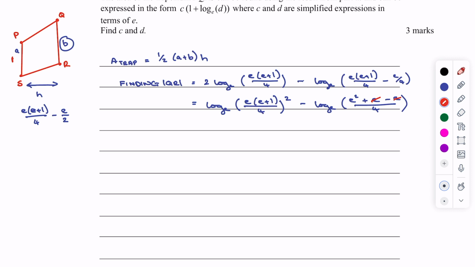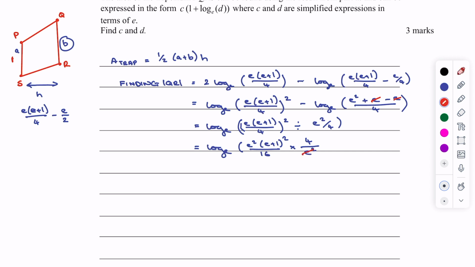And then because I'm going to continue with my logarithmic law, I'm going to say log e plus 1 on 4, all squared, divided by e squared on 4. So this could be rewritten as log e squared, (e plus 1) squared on 16, times by 4 on e squared.